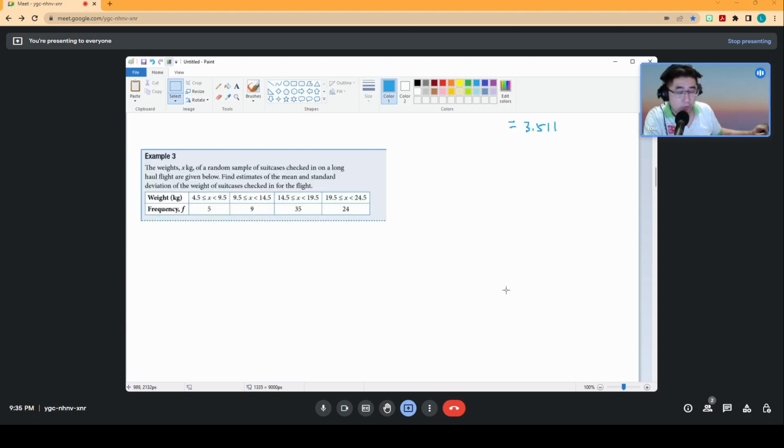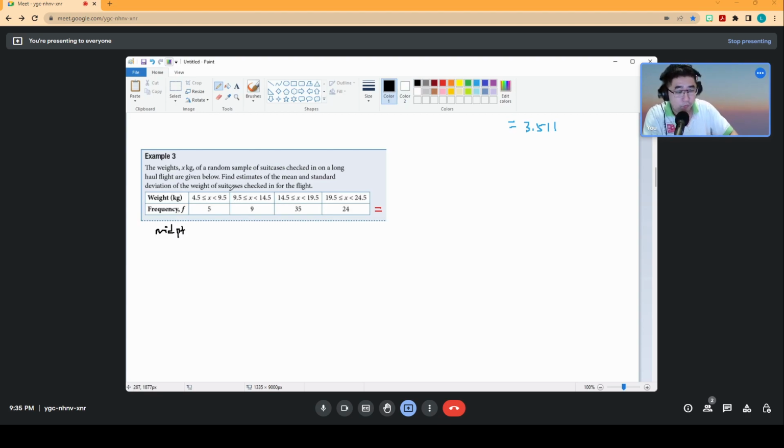This is continuous data. The mean weight x of a random sample of suitcases is given as this. First of all, we have to calculate the frequency. We also need a midpoint, so we have a midpoint value.